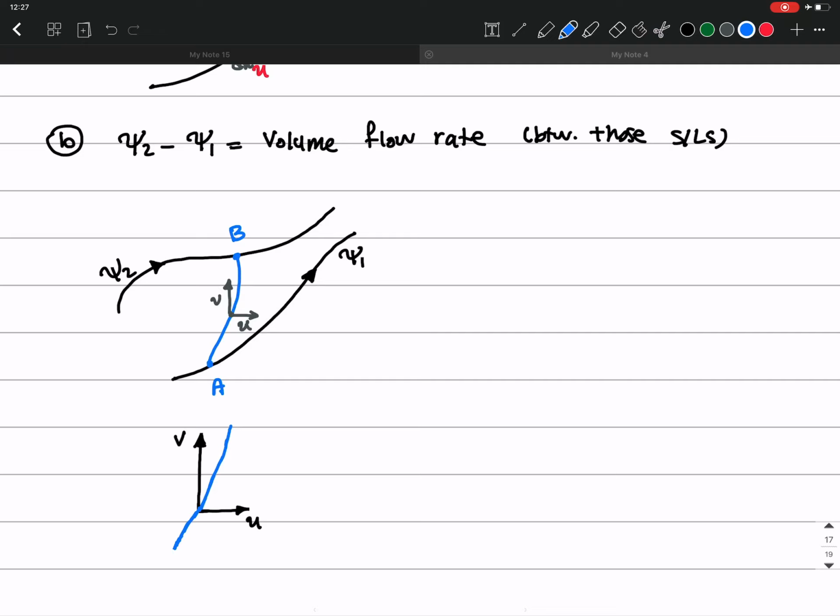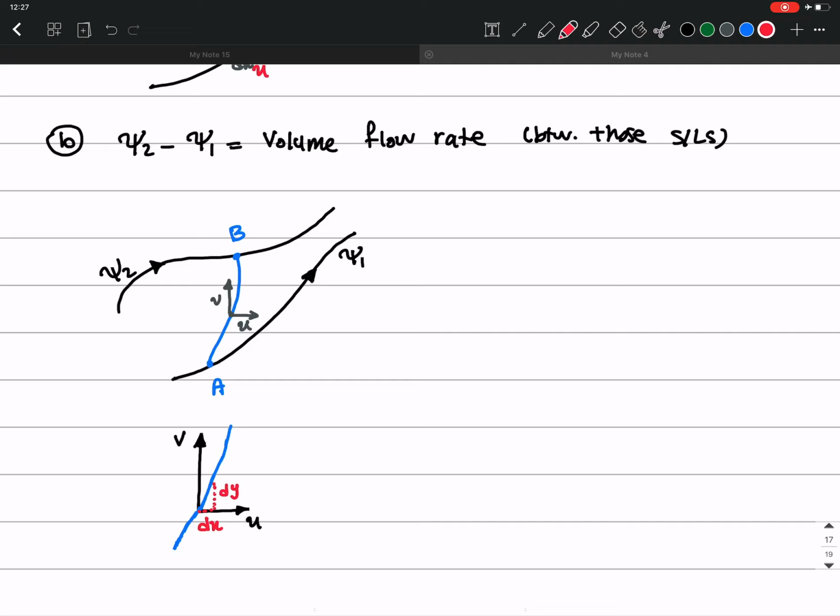I just zoom it here because I want to show other things. And then here we have dy. Say if we consider a small element here, and this is dx, okay? So now, how much of the flow is going through this dx and dy?